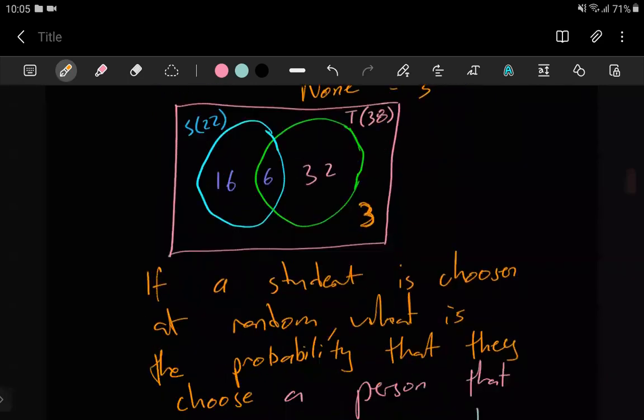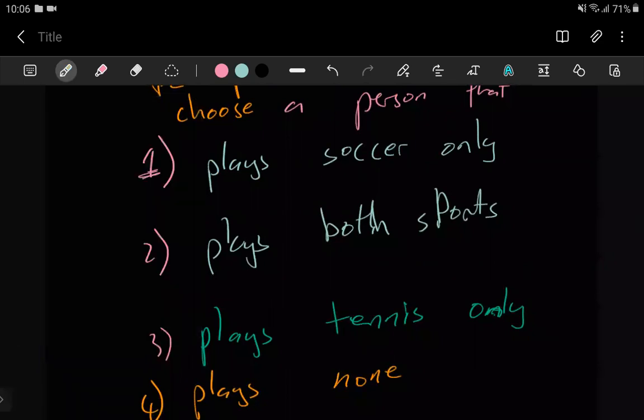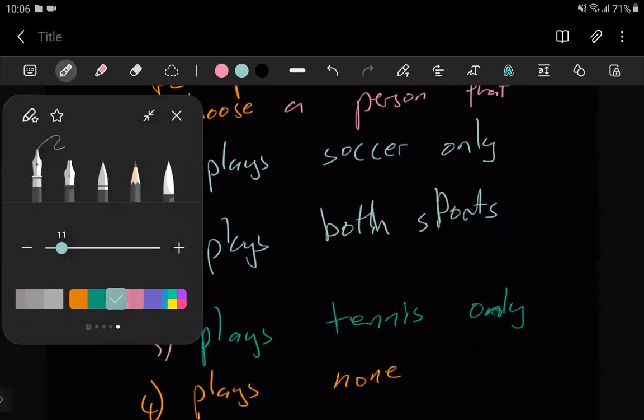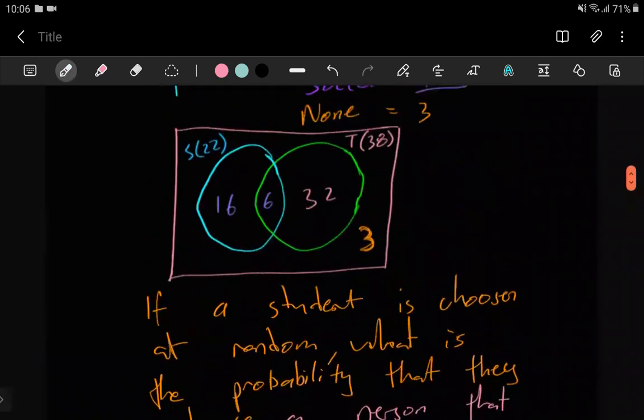So when you're answering these questions, obviously the first thing you're going to ask yourself is, in this particular question, it says here, what is the probability that the person plays soccer only? So playing soccer only, you have 16 people, because this number 16 here is representing people that play soccer only.